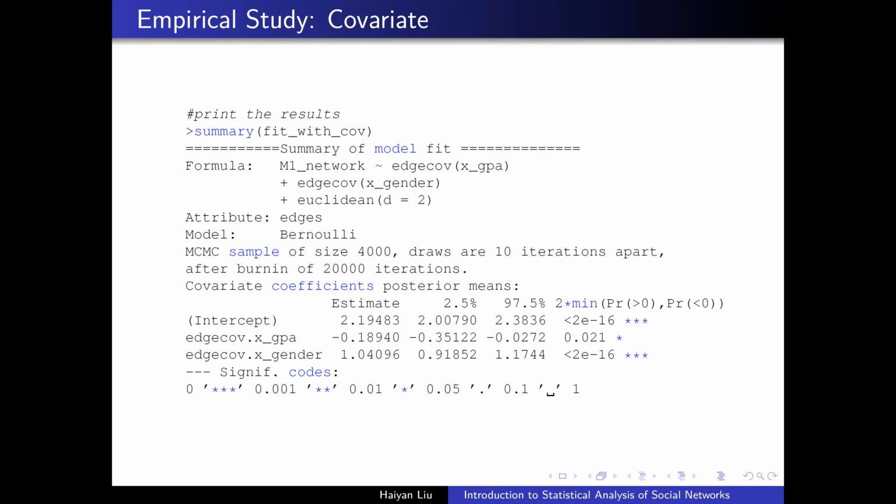Now, the coefficient is negative, which means that more different GPA actually decreases the probability for two students to form a friendship. Similar GPA promotes friendship. Now, SGender is positive. SGender is 1 for two students with the same gender. Since it is positive, it means that the same gender actually promotes friendship.